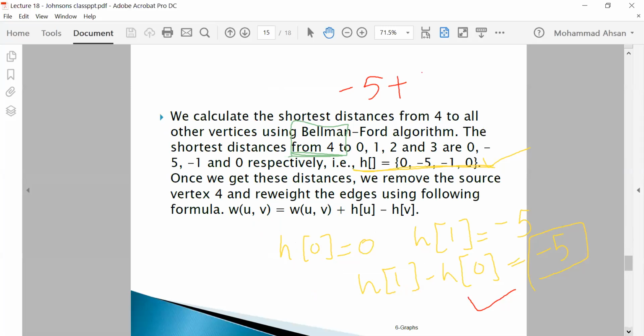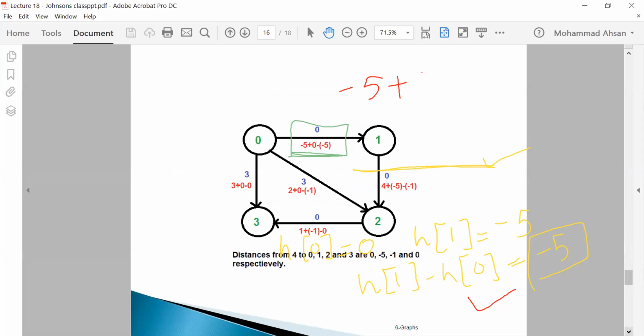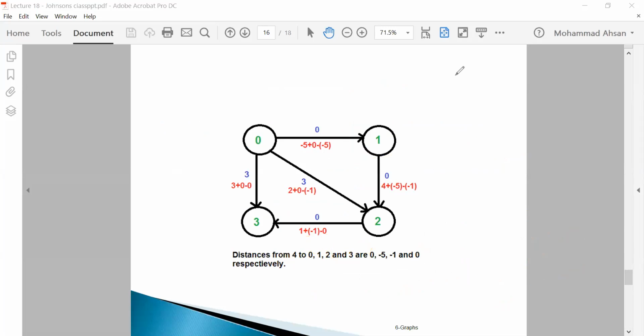The distances are as given here: H0 is 0, then minus 5, minus 1, and 0.